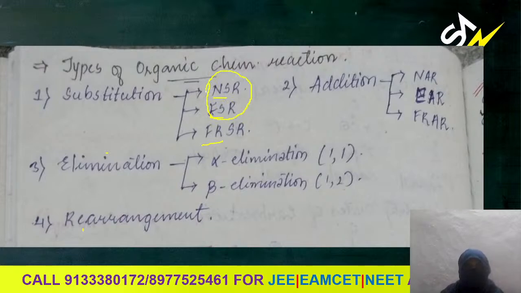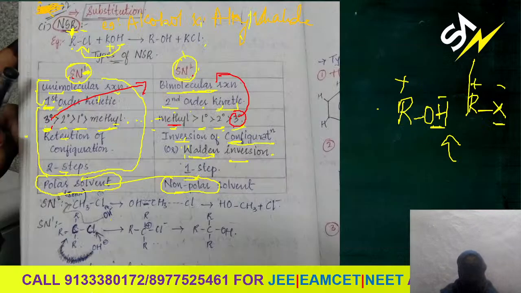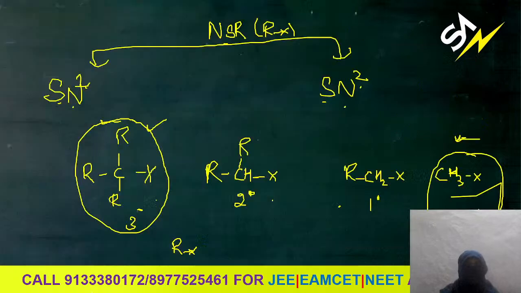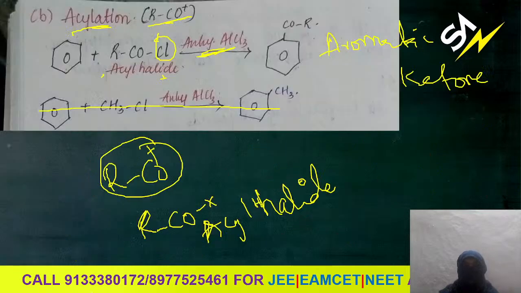We'll start with FRSR. Addition is again three types: NAR, EAR, and FRAR. Elimination is two types: alpha elimination and beta elimination. Rearrangement has no further types. It is a simple reaction.